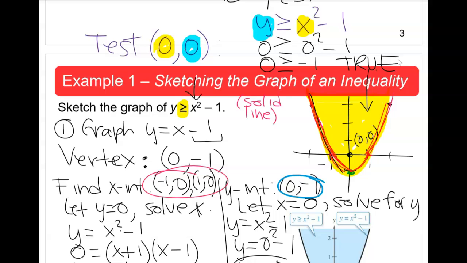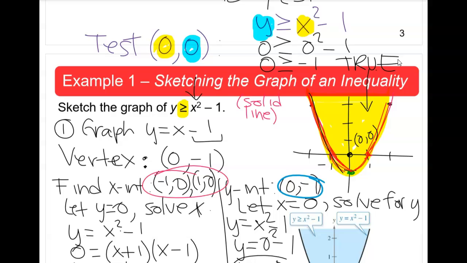Another thing that you could use, it's probably a little confusing for all graphs, but if your inequality is already solved for y, meaning it is y greater than or equal, or y less than or equal, or without the equal, you can think of greater than as above.